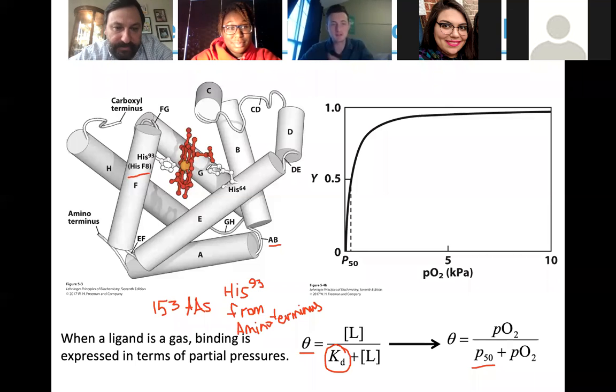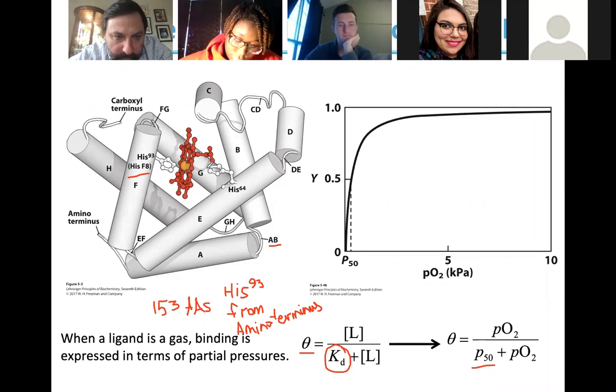So histidine 64 is the histidine that binds iron, right? So the iron is in the middle of the heme. Well, let me see. Hold on a second.